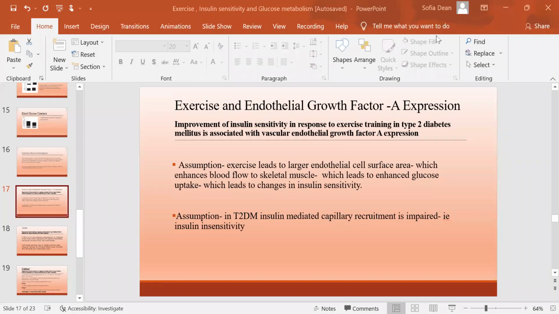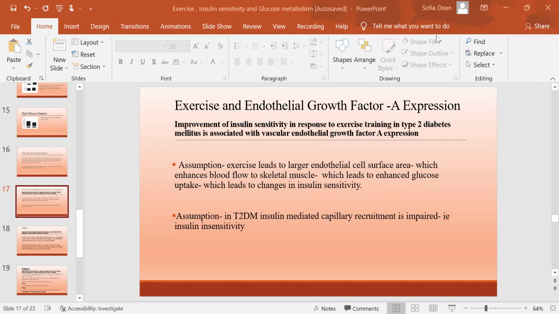The second research that I'd like to introduce is called Improvement of Insulin Sensitivity in Response to Exercise Training in Type 2 Diabetes Mellitus Is Associated with Vascular Endothelial Growth Factor A Expression. This is the second part of how exercise helps us.